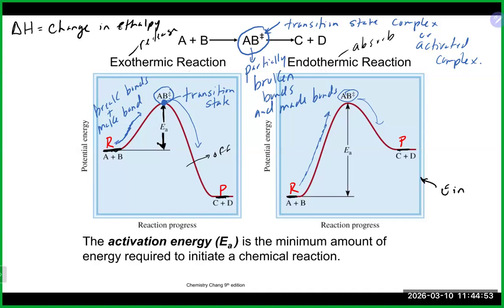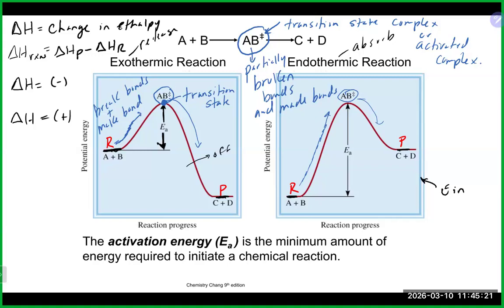The way that we calculate delta H, as a reminder, is that the delta H of the reaction is the delta H of our products minus the delta H of our reactants, right? You can look those values up in a table if you need to, and take all of your products minus all of your reactants. And we typically will see the delta H being either a negative number or a positive number.